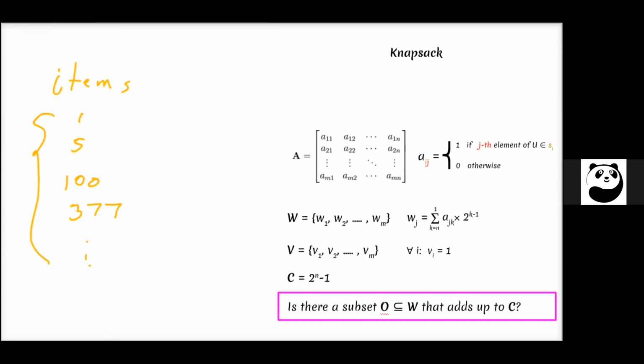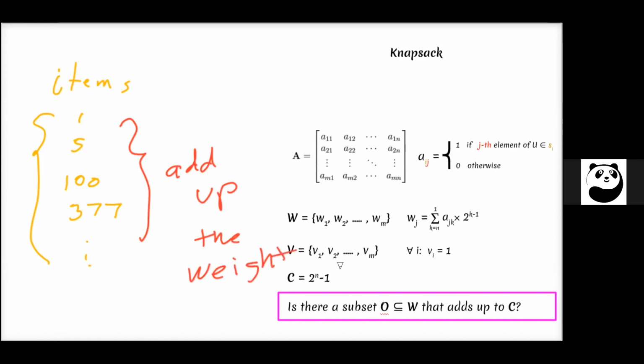How do we verify? Do we have to search? Do we have to do something fancy to verify the solution? Absolutely not. All we have to do is add up the weights and check, does the weight equal the imposed C? That's all you have to do.